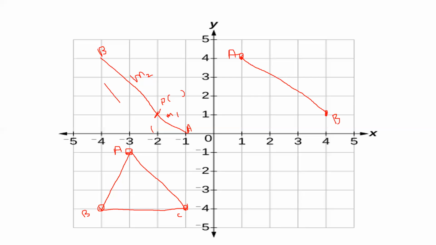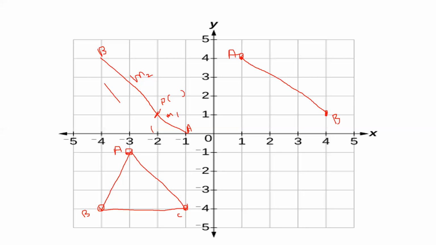What I'm trying to let you know here is that in total we have 3 concepts in this chapter. In the first concept, we are going to find the distance between 2 points in a Cartesian plane. In the second topic, if there is a line formed by joining 2 points, and because of some other point P the line has been internally divided into a particular ratio into sections, then with the help of section formula we are going to find the coordinates of point P and the ratio m1 and m2.